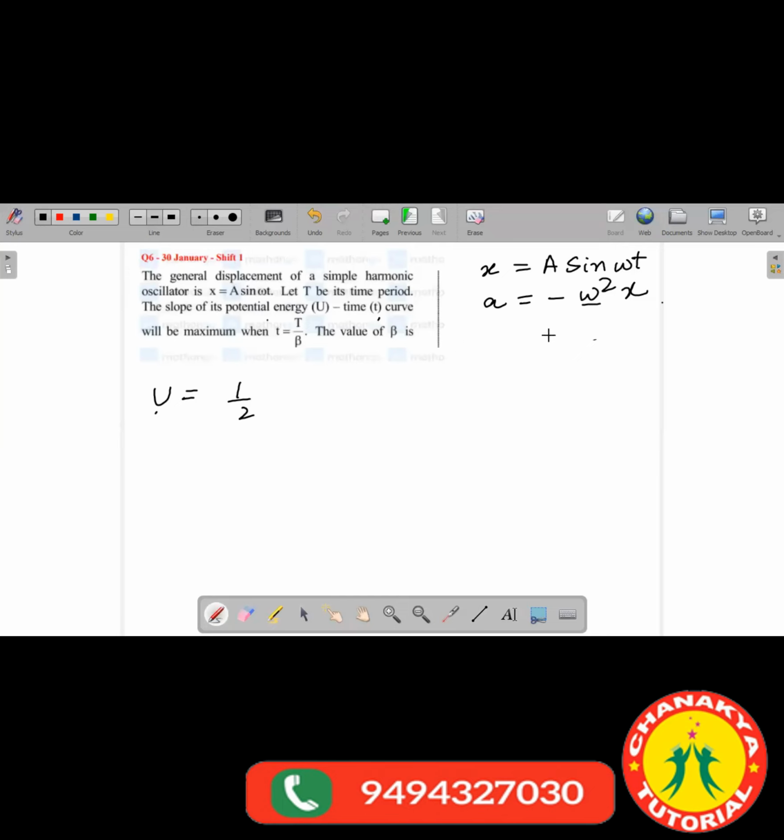Yes, any idea for finding out k? You have acceleration, so you can find out the force as ma. So force would be equal to minus m omega squared x.